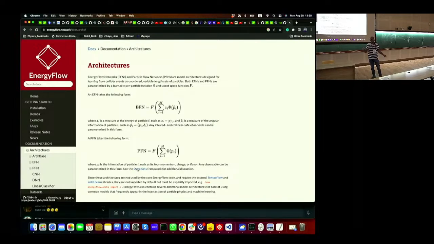I want you to code this energy flow network as a part of a hands-on exercise. Now, we will start with some hints, etc., on how to do it, but ultimately you have to do it.